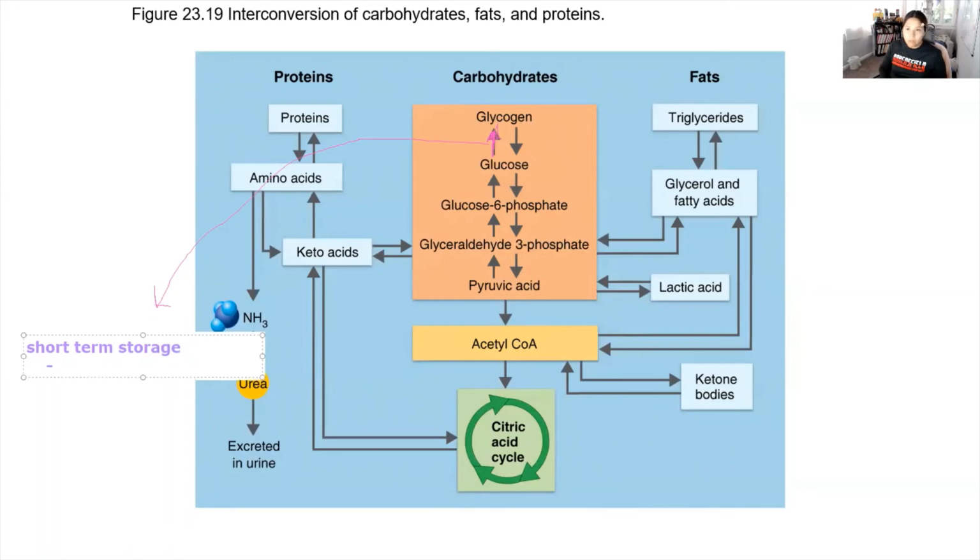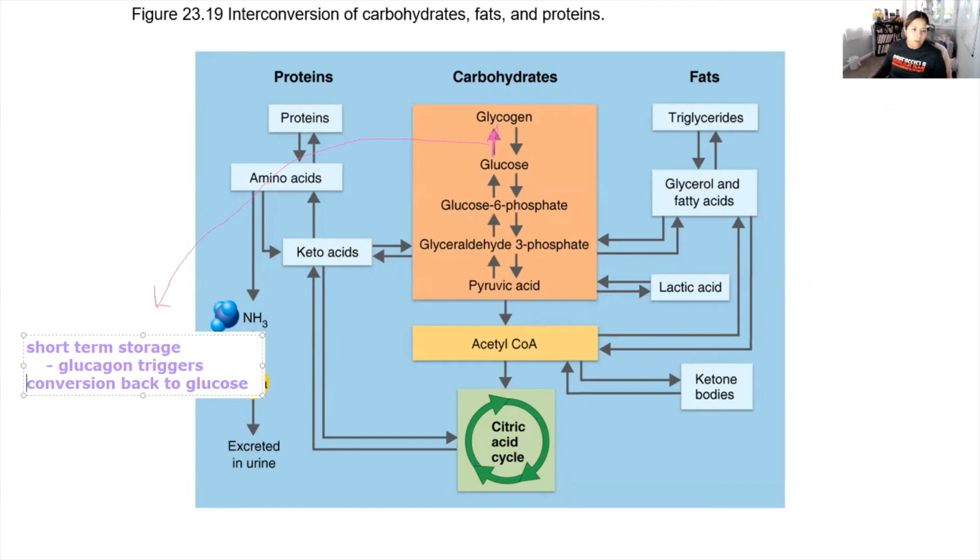However, later, when we need more glucose, the hormone glucagon, which is produced by which organ? Pancreas. Glucagon triggers the conversion back to glucose. Okay, so you should know that.